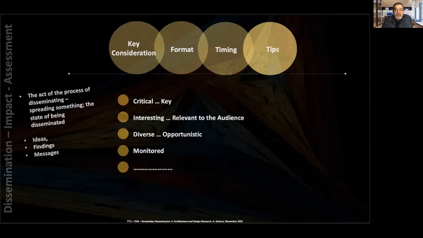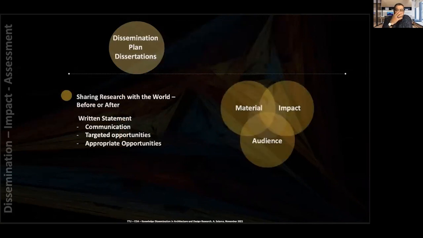Finally, monitoring the dissemination to determine its success, and learning from what worked and what didn't, is really important. The preceding points cater to faculty and academics, of course, in higher education or research institutions where conducting research is a routine activity and part of the culture of the institution.